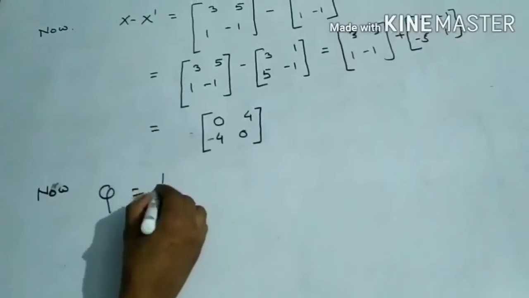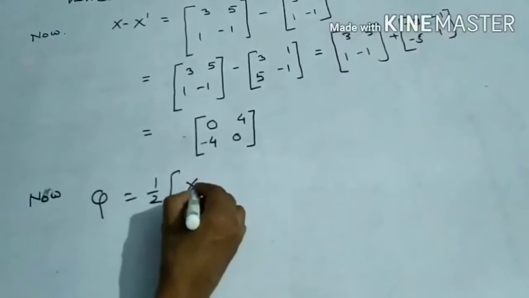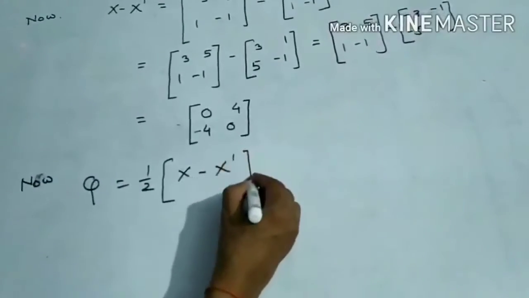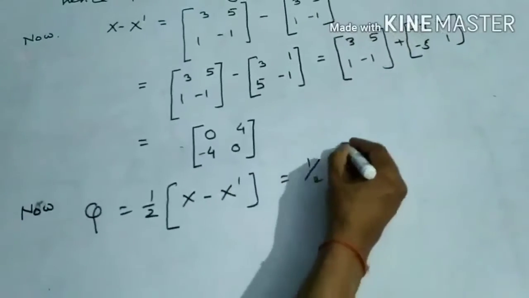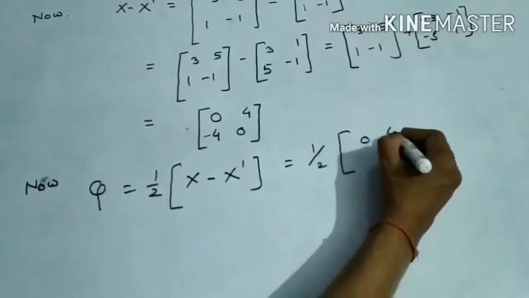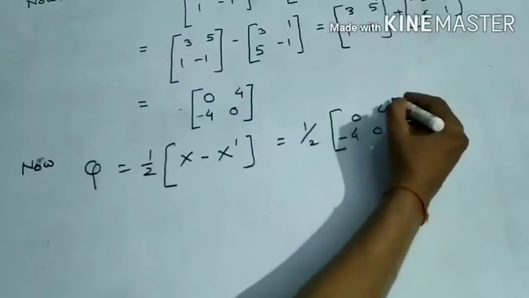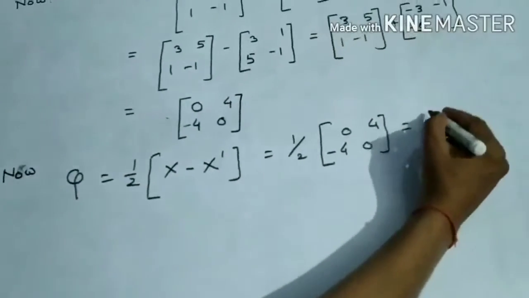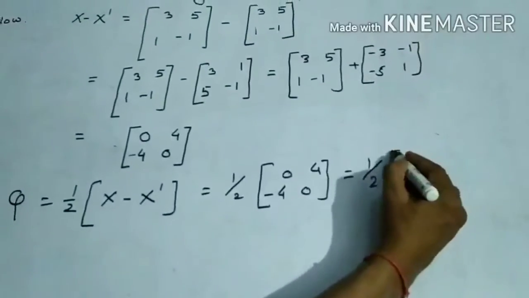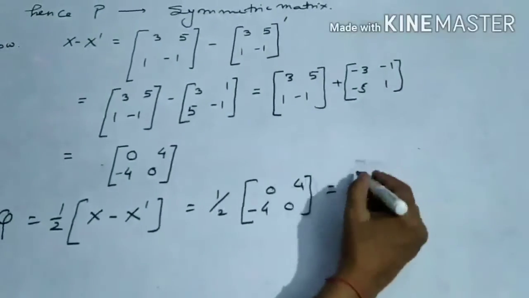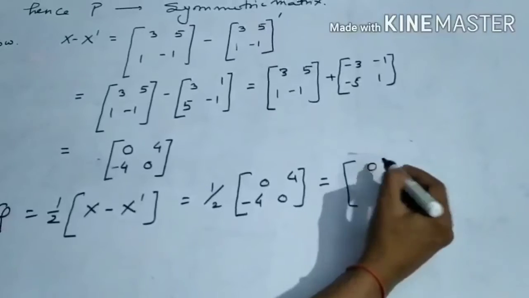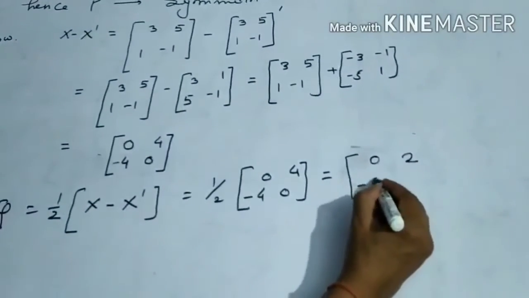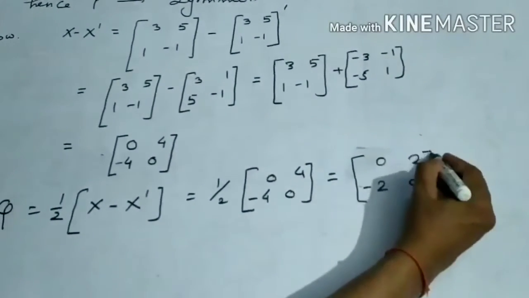Now Q is equal to 1/2 (X minus transpose of X), so this is equal to 1/2 of [0, 4; -4, 0], which is equal to [0, 2; -2, 0].